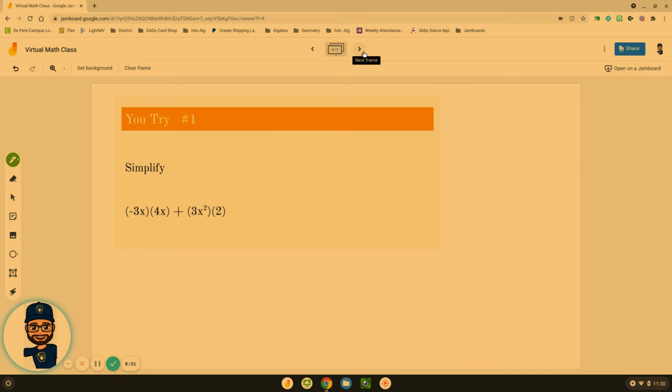Why don't you try this one? Pause the video and see what you get in this example. So again, we can use this distributive idea, right? These two are being multiplied, so that's one term, plus these two are being multiplied, right? Whenever we have that plus sign, we're differentiating between the terms.